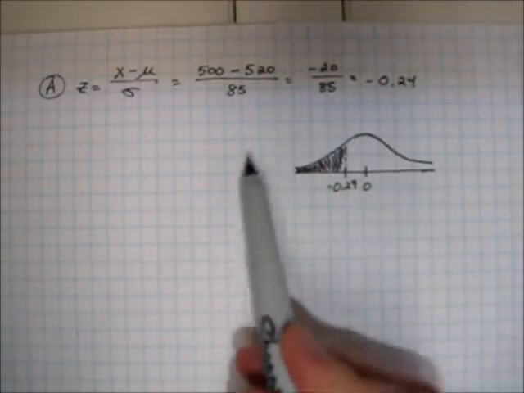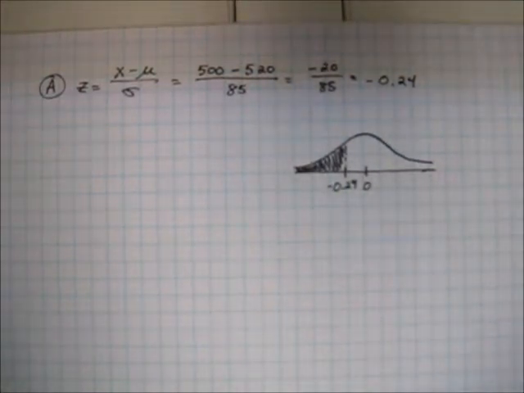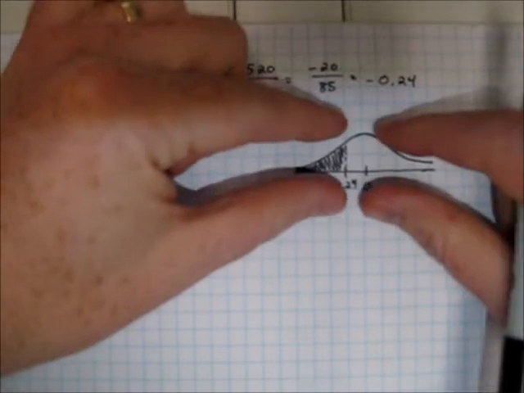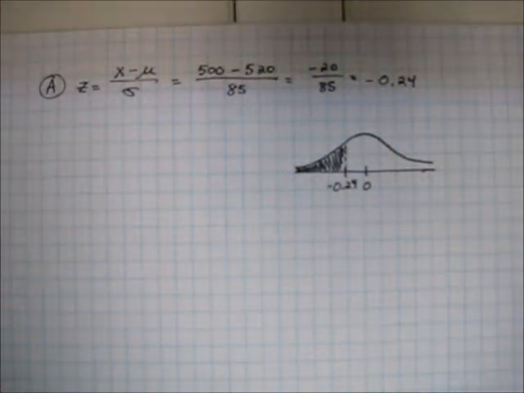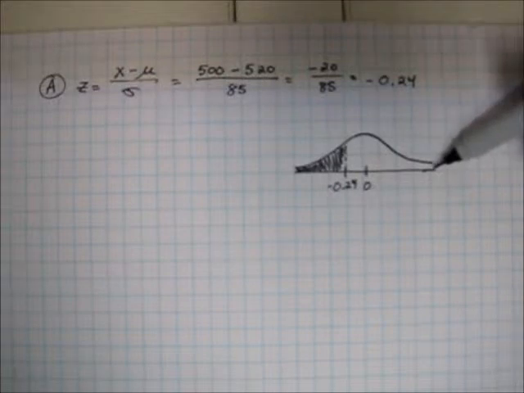From reading in the text, we know that this entire curve has 100% of the data points below it. There are more data points centered here around the mean, and the number of data points gets smaller and smaller the further away you go from the mean. So 100% of the data, or 1 if you change that to a decimal, falls beneath this curve.